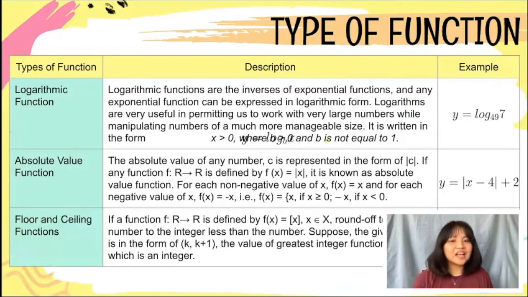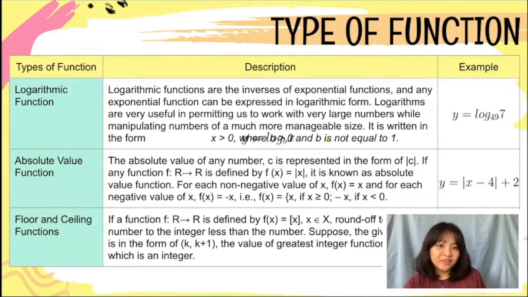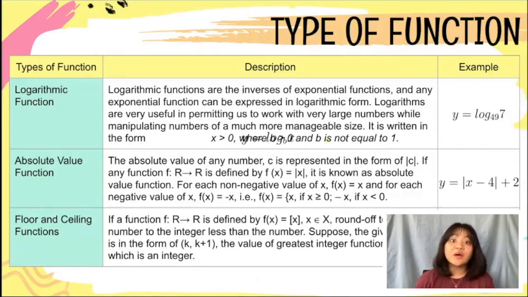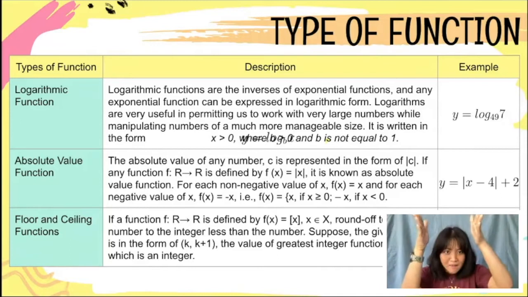Last one, last batch na to. Logarithmic function, absolute value function, and floor and ceiling functions. When we say logarithmic functions, syempre meron itong term na log or logarithm or yung ln, which is natural logarithm. Again, more of that in our next discussions. Absolute value function naman, syempre may absolute value tayo o yung nakikita yung mahabang bar dyan.